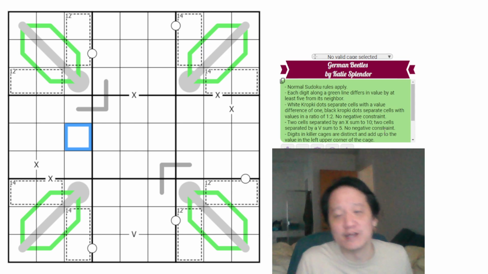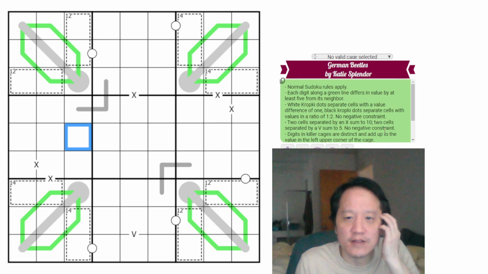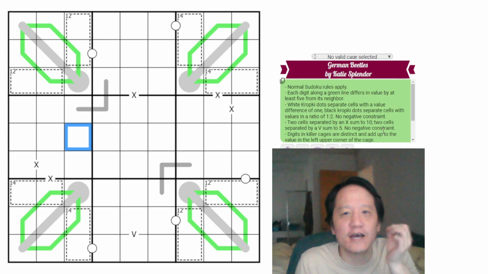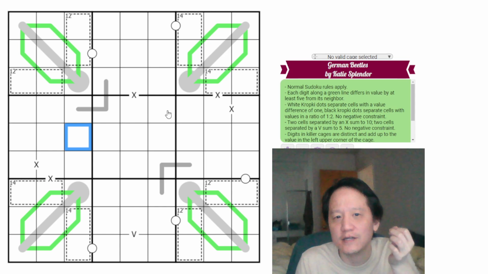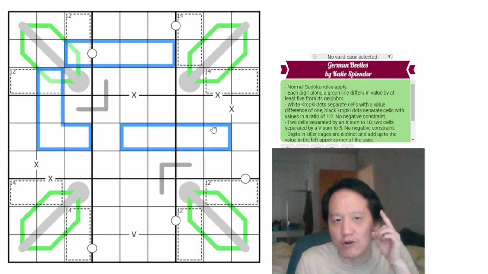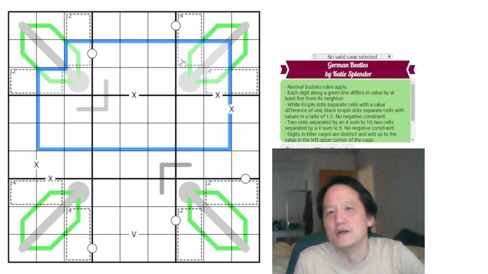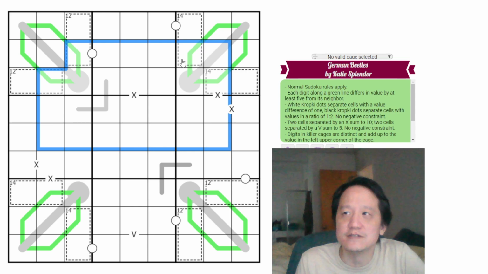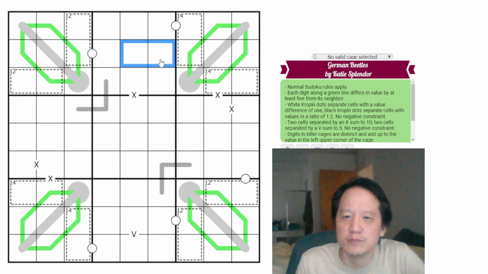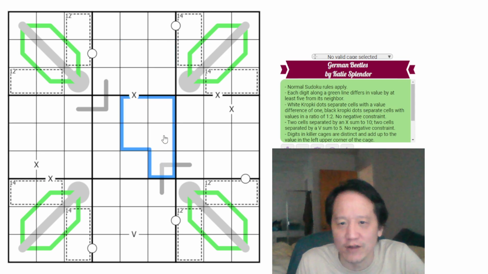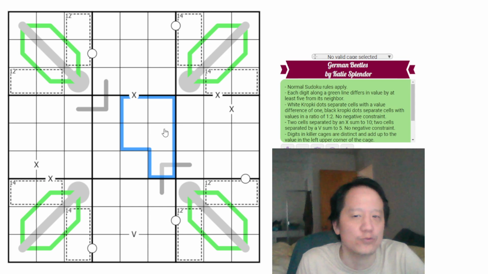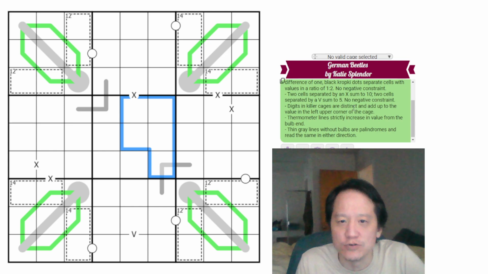Usually, a negative constraint would imply that if there are no black Kropki dots in the puzzle, none of the squares can have a 1 to 2 ratio. But since the rule says there are no negative constraints, that doesn't make any sense. So I don't know why they have the black Kropki dot rule there. Anyways, on to the next rule.